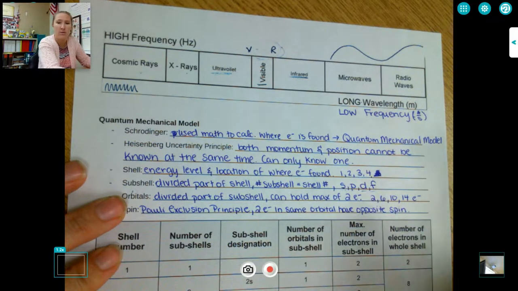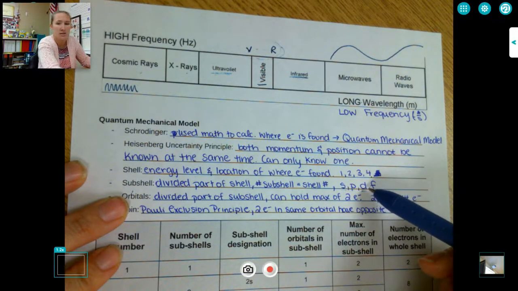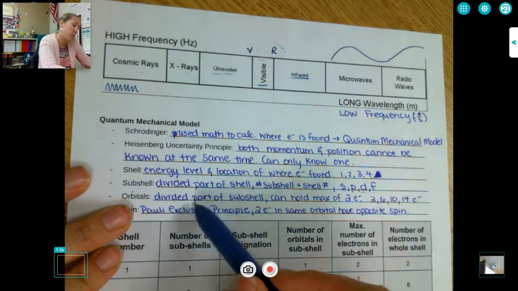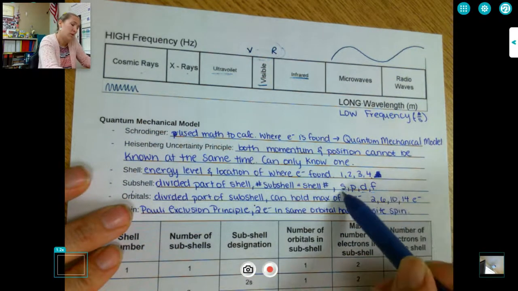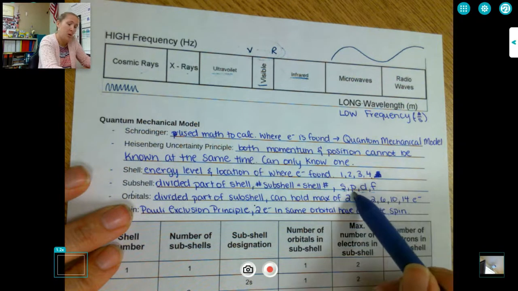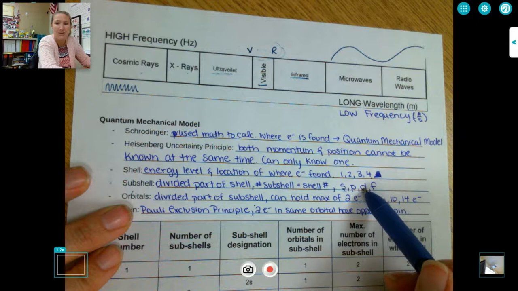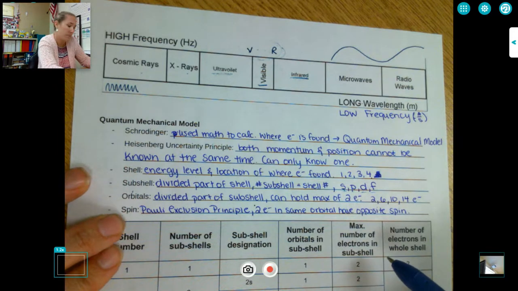Right? We've seen that before. 3 being our shell or energy level, P being our subshell. Then furthermore, we can get into orbitals, which are parts of our subshell. So remember in our S subshell, we can have 1 orbital. In our P subshell, we can have 3 because we had 3 lines to put electrons. Each one of those orbitals holding 2 electrons. D's can hold 10 and F's can hold 14.